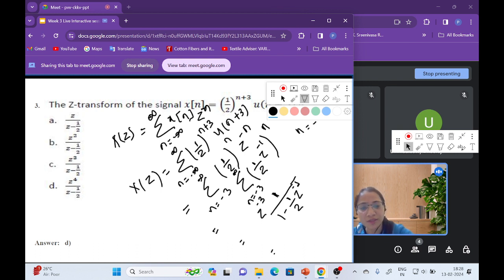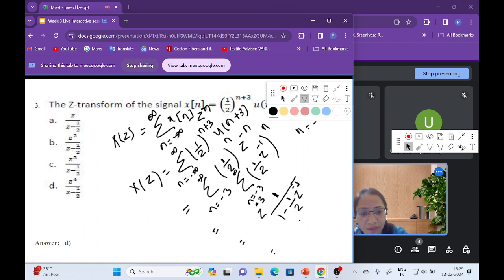So would you like to solve this question? Okay, so take z on that side. It starts from minus 3, but the value is, so z to the power 3 will be there only.